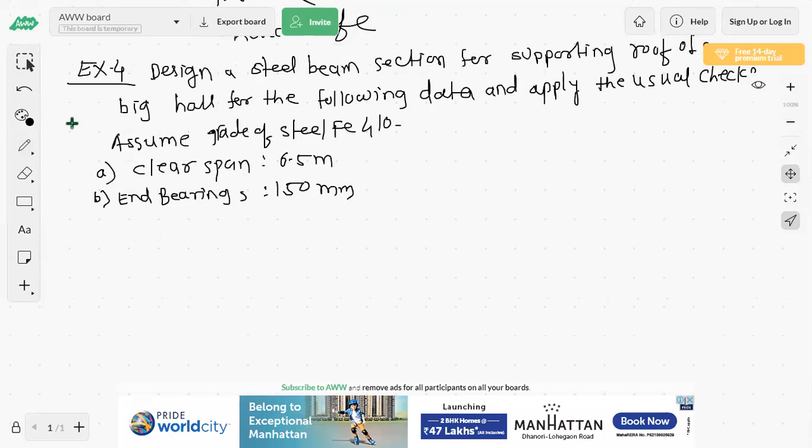Then small c is the imposed load on the beam, is equal to 10 kilonewton per meter square.